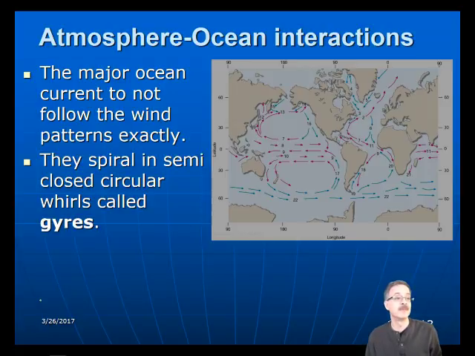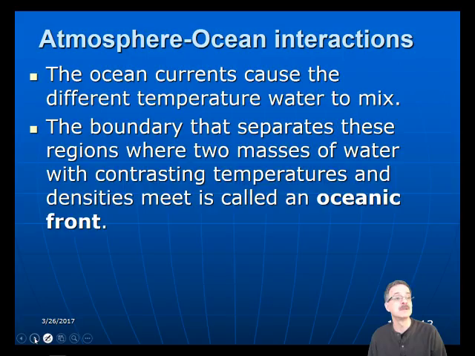All right, so the major ocean currents do not follow the wind patterns exactly because the land masses are in the way. But what they do form is these semicircle patterns or circular loops, and we call these circular loops gyres. And those are very important to mix the water in the ocean.